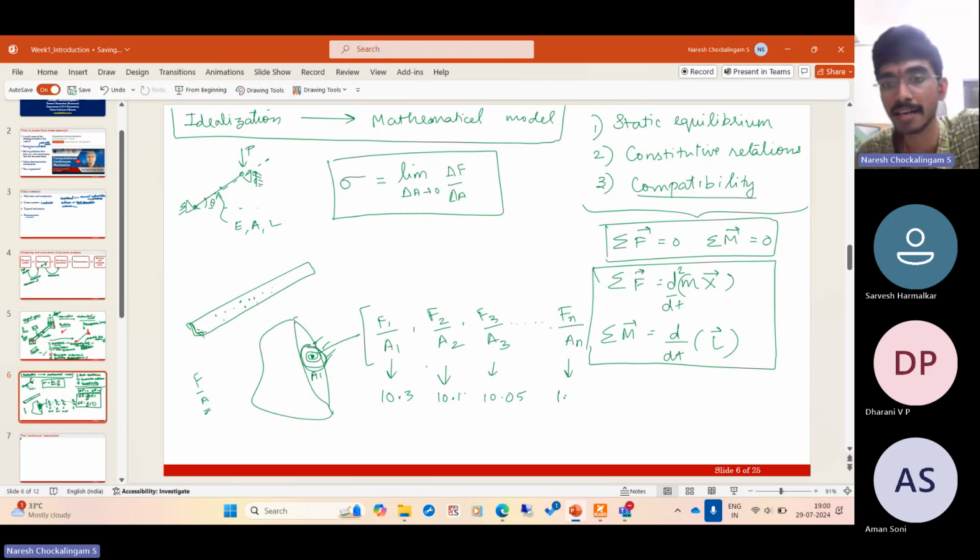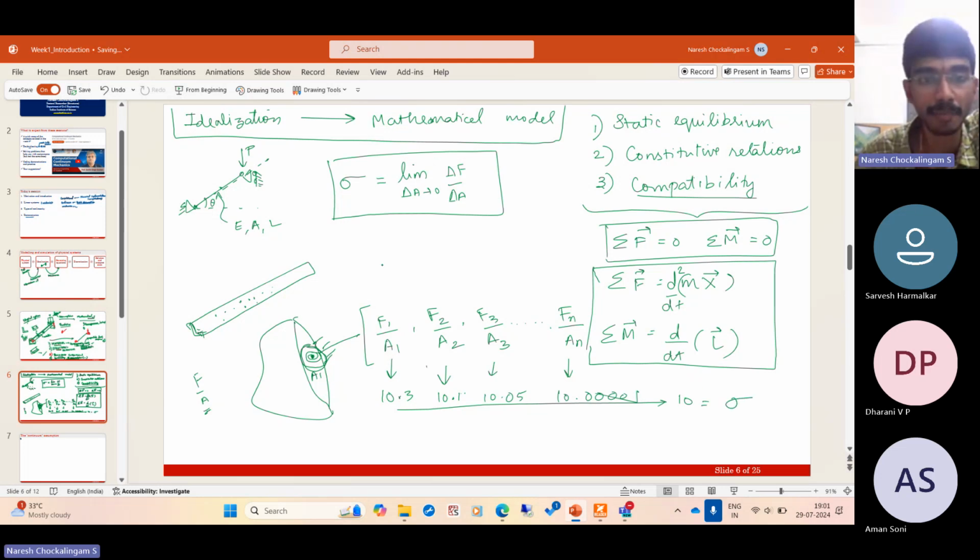This may be something like 10.00001. So this sequence converges to 10. This limit of the sequence is called stress. So you keep considering smaller and smaller areas around a point and take the ratio of force by that area. The limit of the sequence, if it exists, is stress.